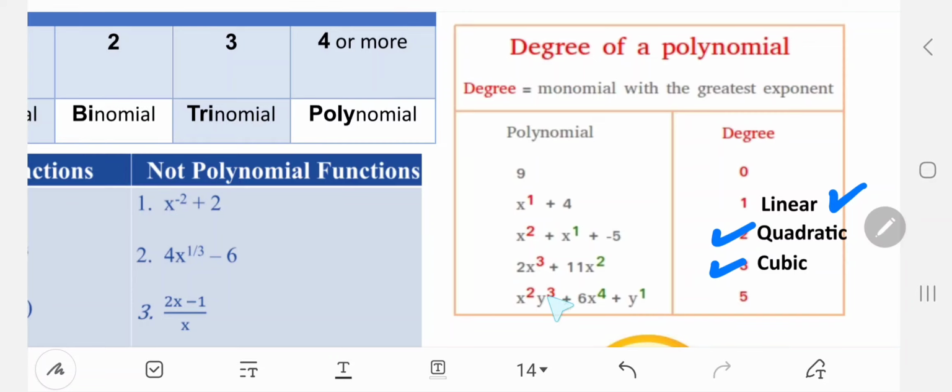And here, whenever you have 2 and 3, and 4 and 1, which one is the highest? You can say that the 4 is the highest degree, but in this term, what do you have? 2 and 3 in the power, so we add them because both of them are in the same term. 2 and 3 is degree 5. Very good. So degree 1 linear, degree 2 quadratic, degree 3 cubic.